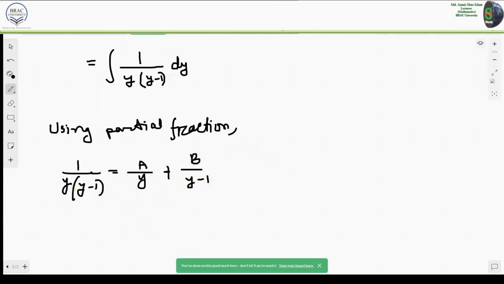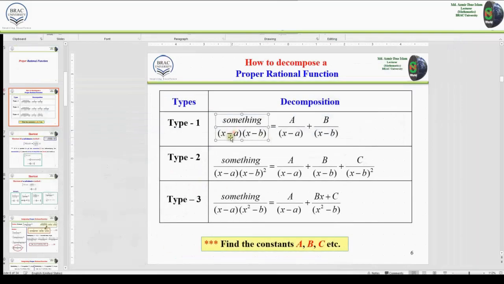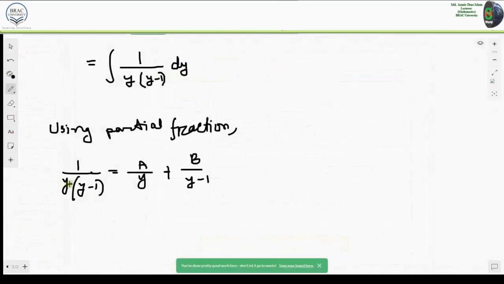How have I written this one? See, it is going with type 1. X minus a will contain a constant a and x minus b will contain a constant b. Similarly here y is taking a constant a and y minus 1 is taking another constant b. That means it is of type 1.